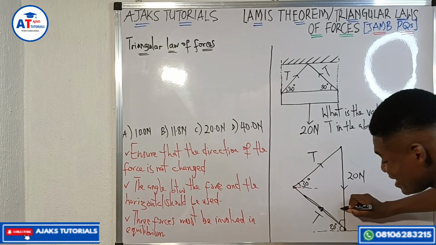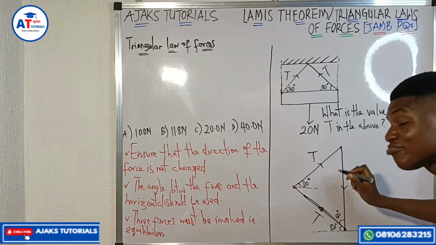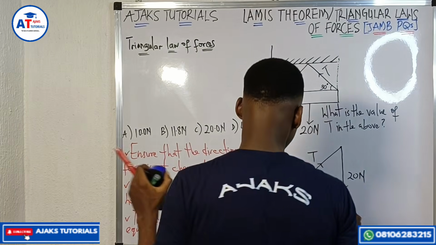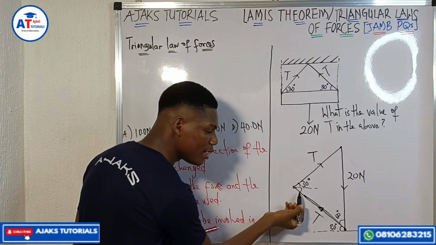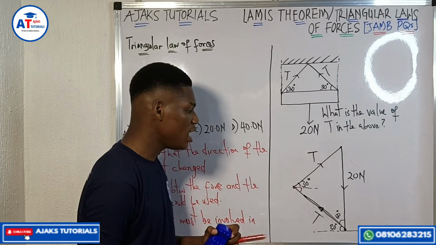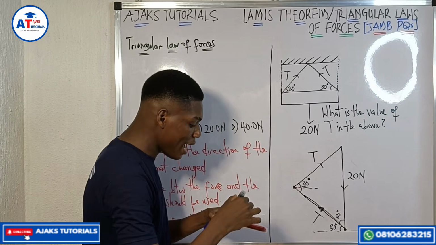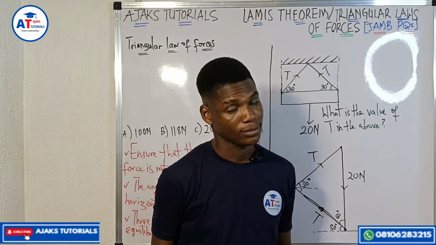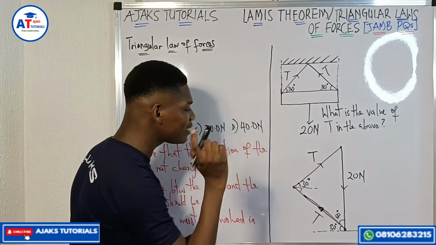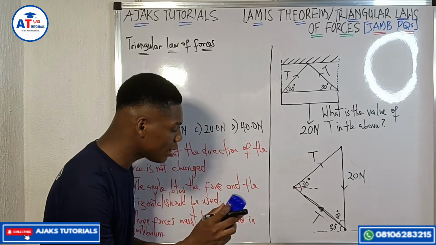And what will be here? 60. If here is 30, what will here be? Now, this place is not 30 because here is 30. Are you following me? Now look at it.